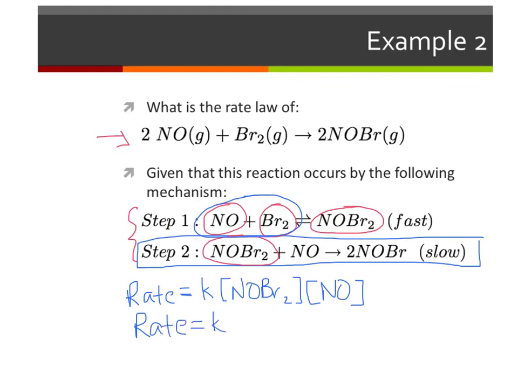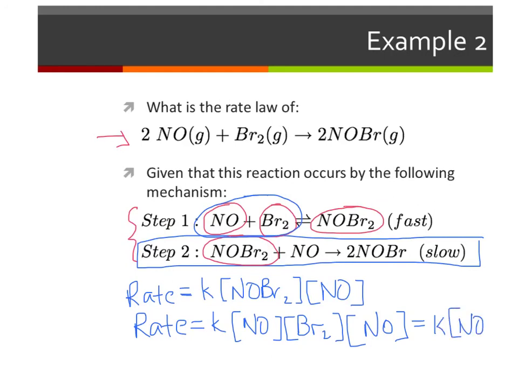What we want to do then is, where we've got NOBr2, we're going to substitute in NO and Br2, because the concentration of NOBr2 is dependent on the concentrations of NO and Br2. We're then going to simplify it. So the rate expression for this mechanism is going to be NO squared times Br2.